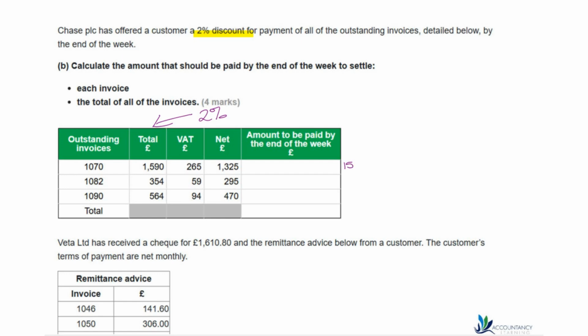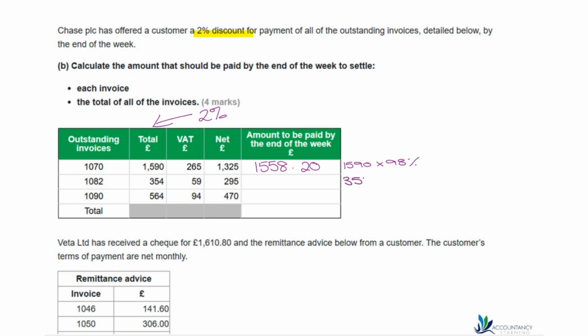So we can do 1590 multiplied by 98% to give us £1,558.20.